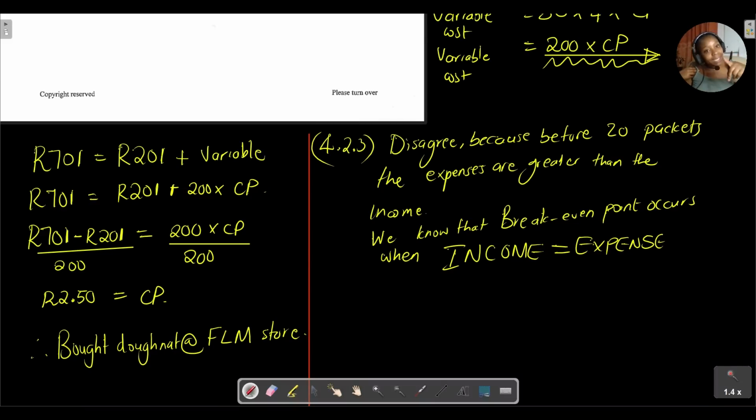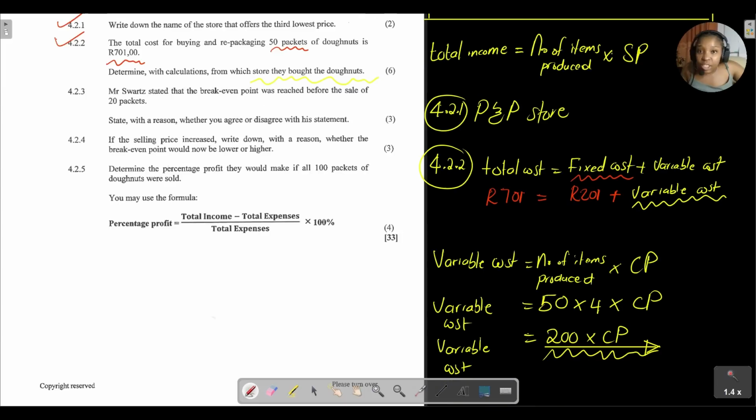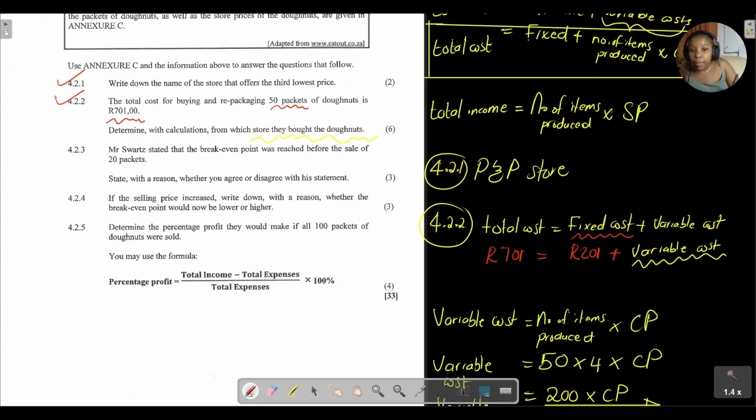So in this case, we disagree with him because before 20 packets, the expenses are greater than income, so it cannot be the break-even point. There you first need to understand what a break-even point is. If you don't know what a break-even point is, you'll struggle to understand what's happening. But if you listen to what I've said attentively, you should be happy with that justification.